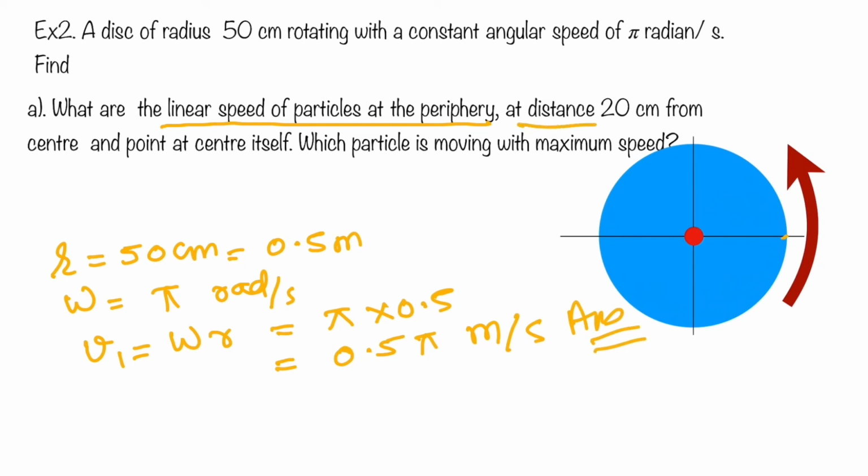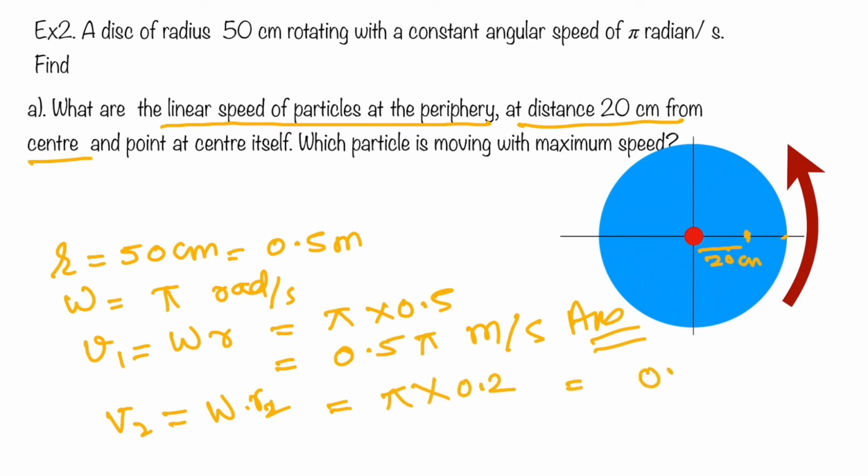Now there is another point which is 20 centimeter from the axis of rotation. For this point, assume the linear velocity is v2, which can be given by omega r2. Here r2 is nothing but 20 centimeter. So this is equal to pi multiplied by 0.2 meter, which is 0.2 pi meters per second.